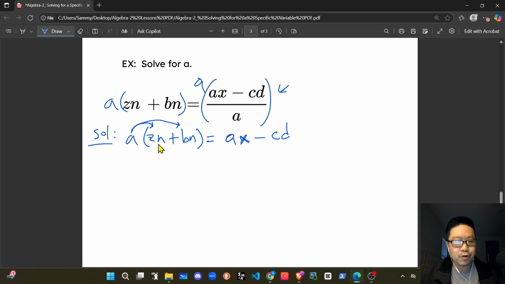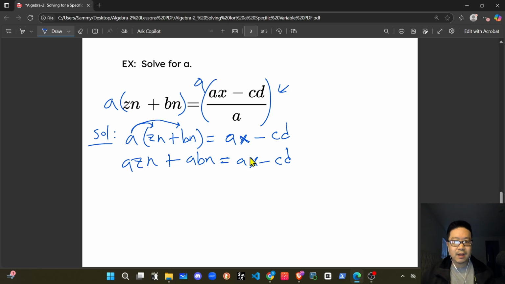So let's go ahead and distribute A into the expression in the parentheses. So A times Zn is just AZn plus A times Bn is ABn. And then on the right side, we have AX minus CD. Now we can finally move this AX term to the left side, which will give us a grouping of all the A terms.